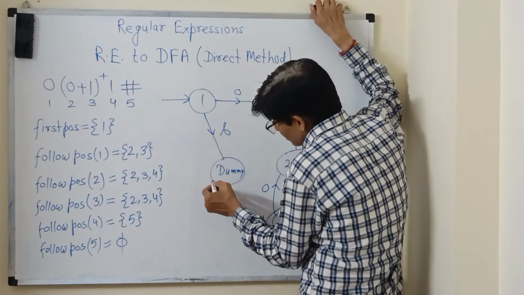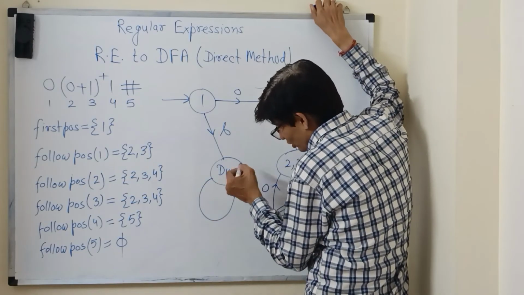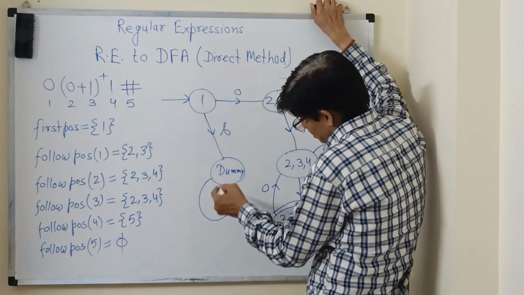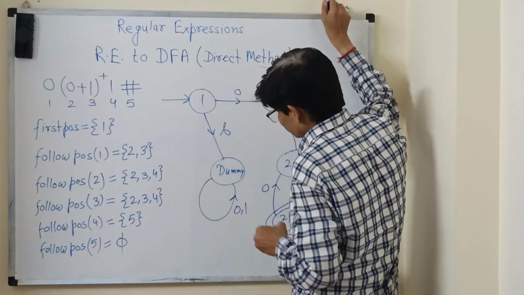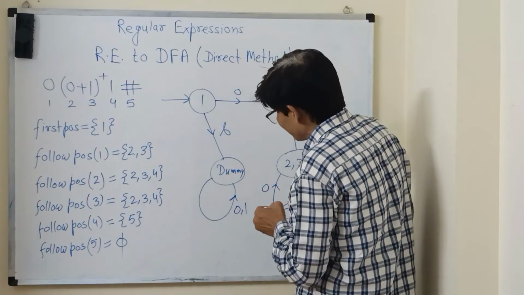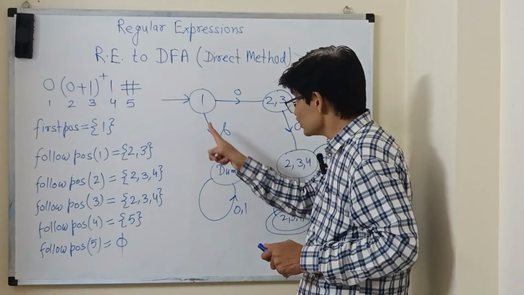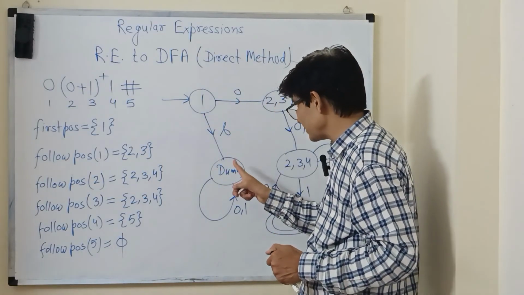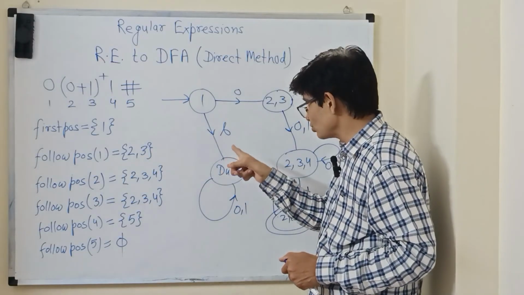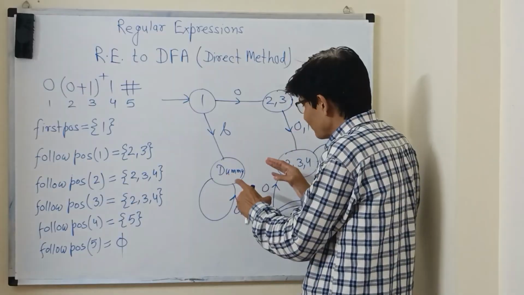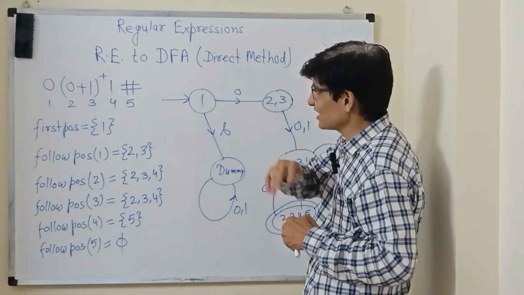This is not the final state, and it will have self loops for all the input symbols, so 0, 1 we have created. This is the dummy state. So at first place, if we find B, that string cannot be accepted, so it would go to the dummy state, and this is now the final DFA for this particular regular expression.